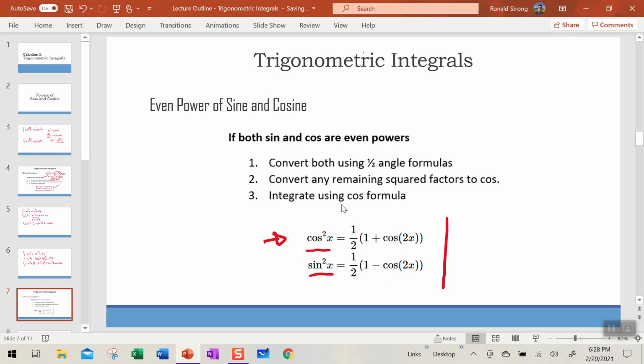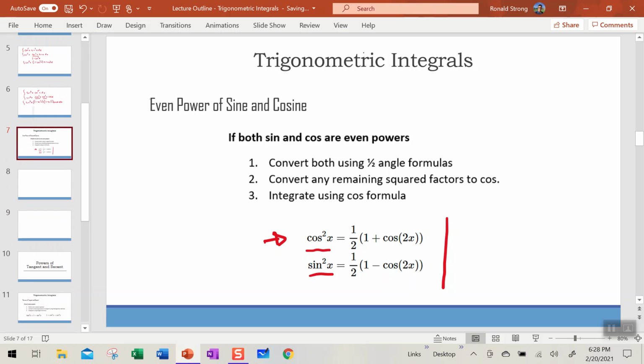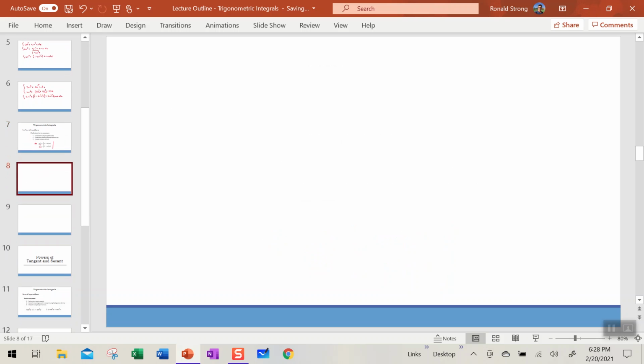So, as an example, let's say we have the integral of sine to the sixth x times cosine squared x dx. So notice neither power is odd, otherwise we would use the previous procedure.